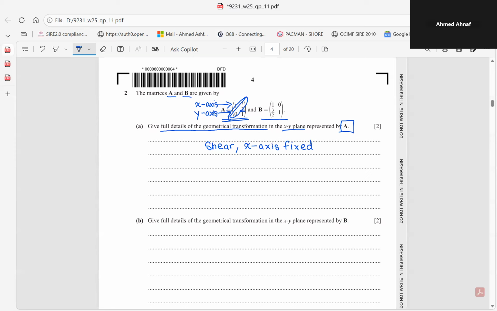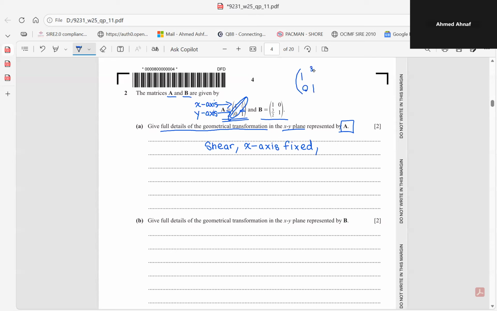So this is a shear with the x-axis fixed, but we're not done yet. We also have to give an example of a point being transformed by this matrix. To do that, just get any random point.